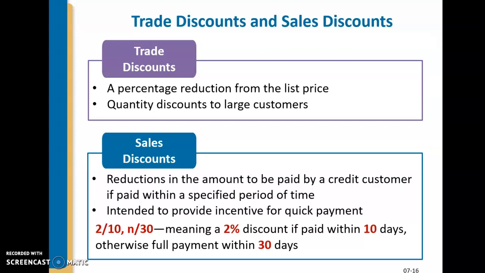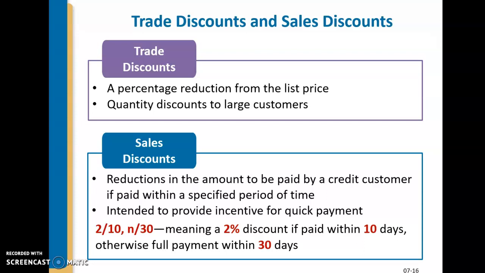Those are simply recorded as sales and accounts receivable at the price for which it was sold. As opposed to sales discounts, which are a reduction in the amount to be paid by a credit customer if paid within a specified period of time.